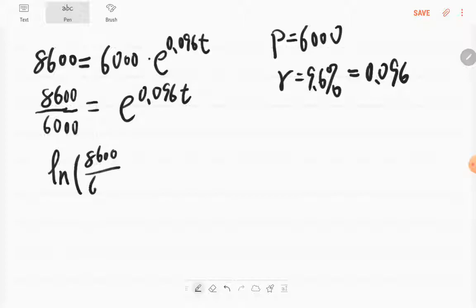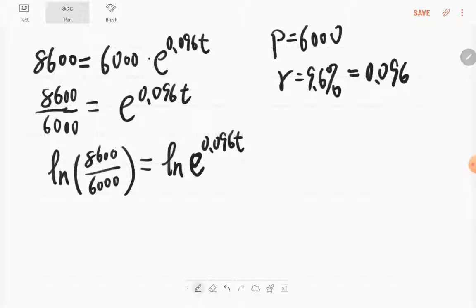So the natural log of 8,600 over 6,000, of course you can simplify it. For this one, you can divide it by 100 on the top and the bottom. It becomes 86 over 60, right? So we take the natural log of e to the 0.096t.